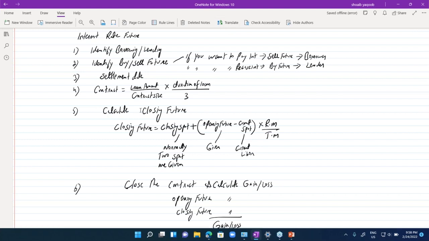Let's start the question. Let's solve the interest rate future first. Then I will write the steps of option. Then we will solve the option part in that question.